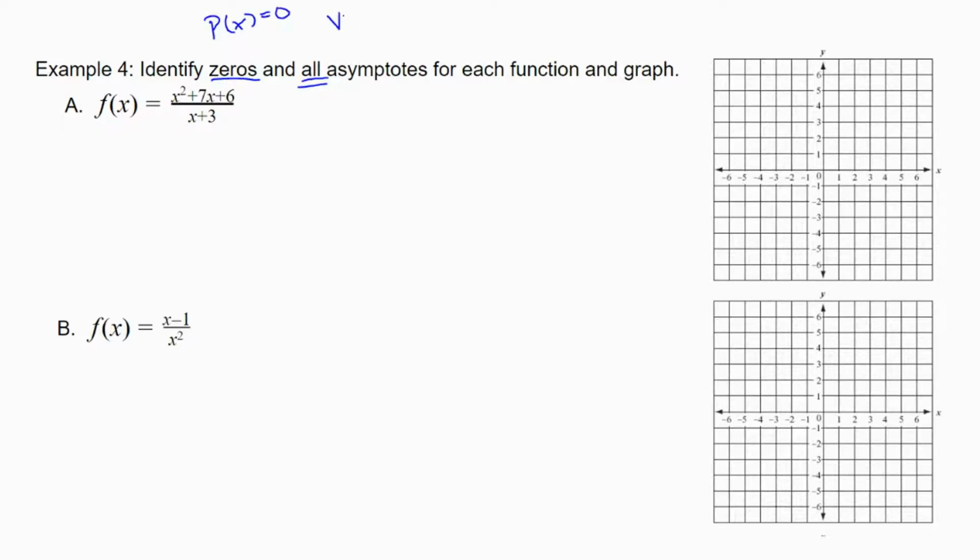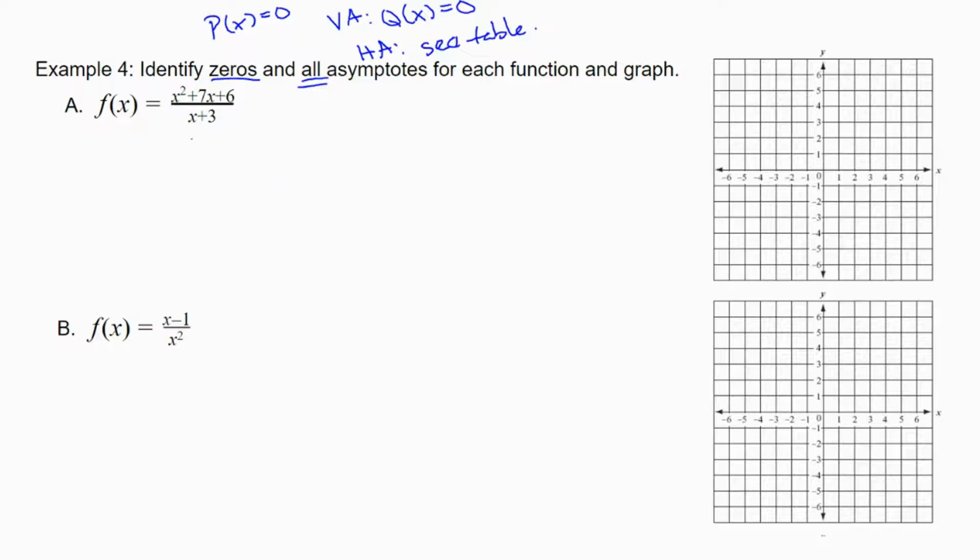Vertical asymptotes come from q of x, which is the denominator, equal to 0. And for horizontal asymptotes, we have to analyze the situation of our graph using the table above. So we're just going to make ourselves a quick note here.